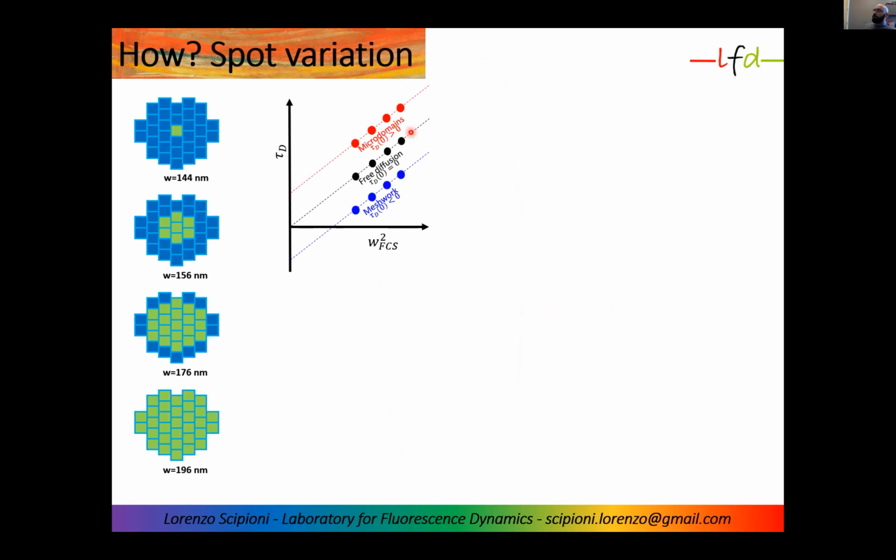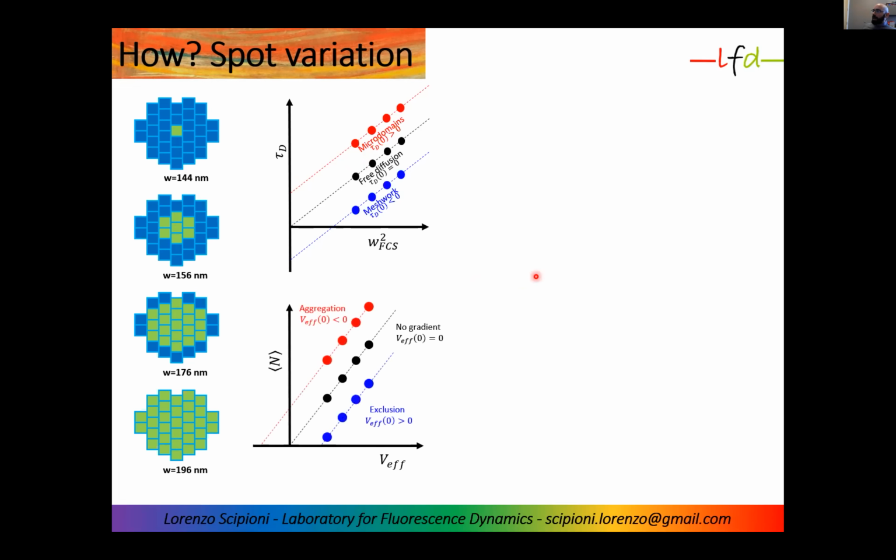If we have free diffusion, the linear interpolation of these 4 points will cross around 0. That means that it's undergoing free diffusion. If it's a meshwork, it will cross below 0. If it's macrodomain-like, it will cross above 0.